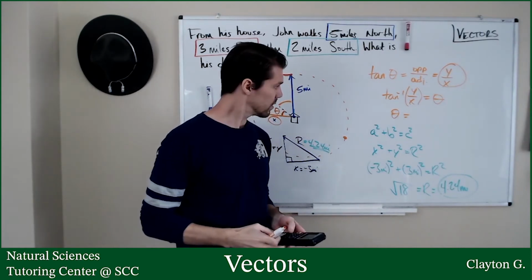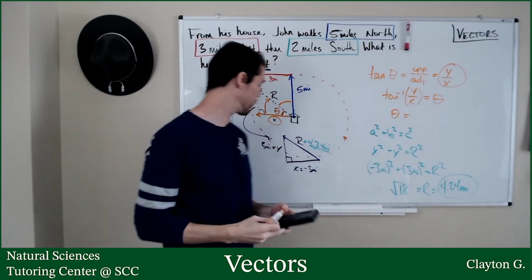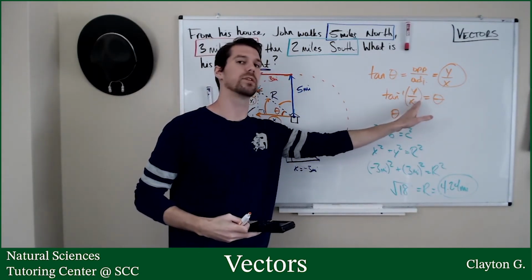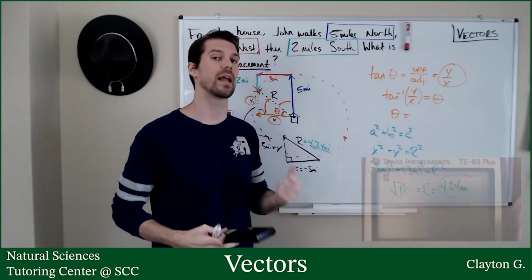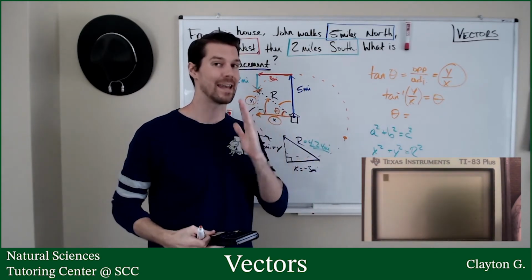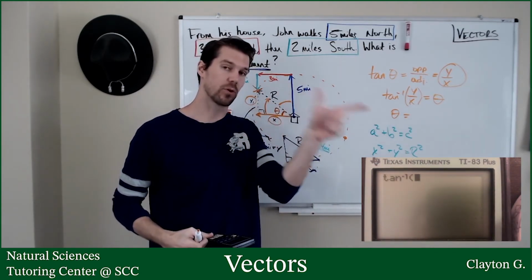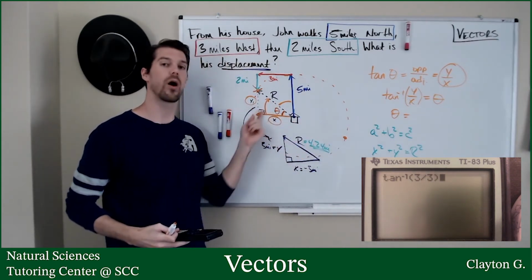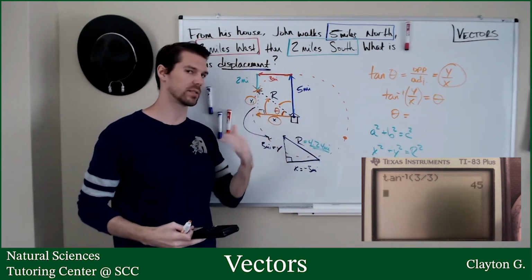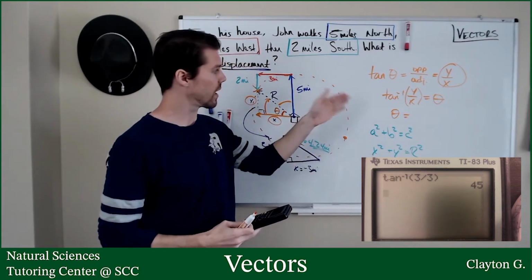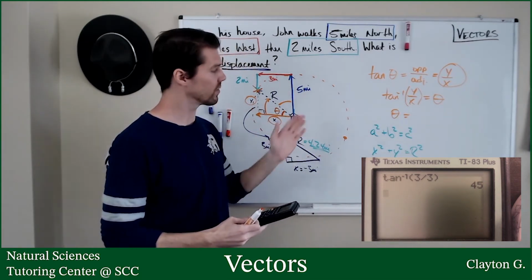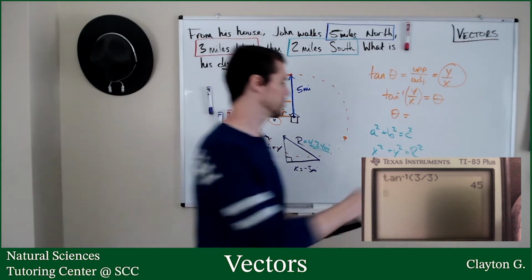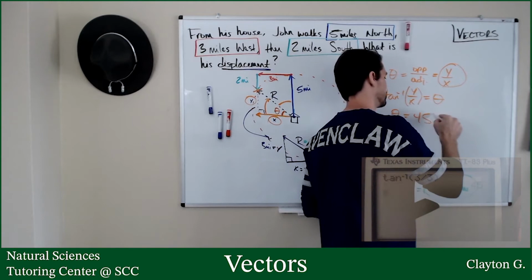inverse tangent, y over x. Again, I'm going to use only positive magnitudes here because I intentionally want an angle between 0 and 90. I want a first quadrant angle because I'm going to describe it as north of west. So I only want something between 0 and 90. So I'm going to say inverse tangent of 3 over 3, and that equals 45 degrees.